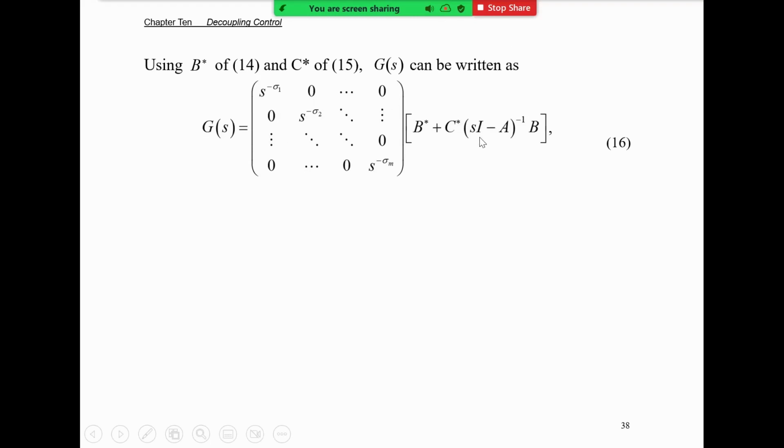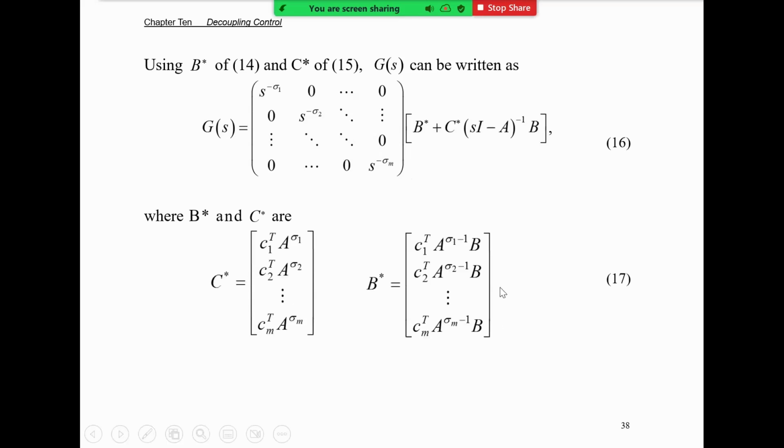Now let's review the purpose of this expression. We know G can be written in this form, and B star and C star are already defined, and they're all related to the relative degree.